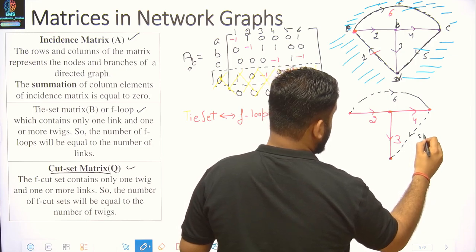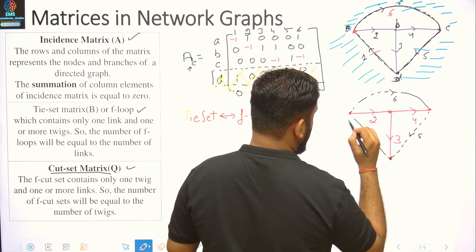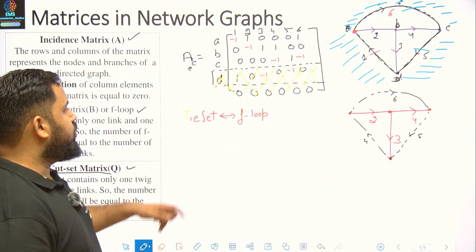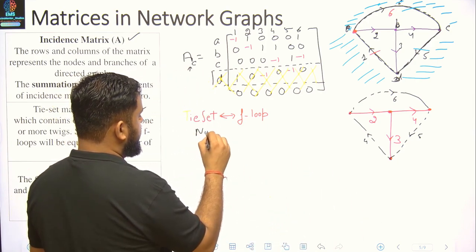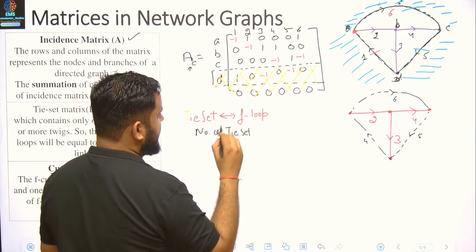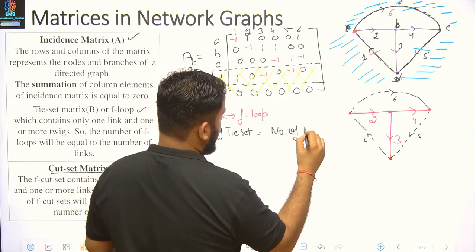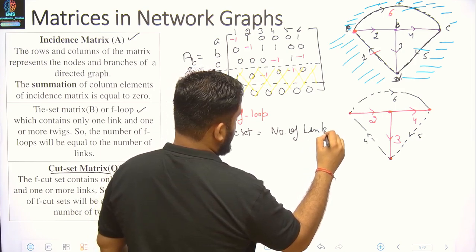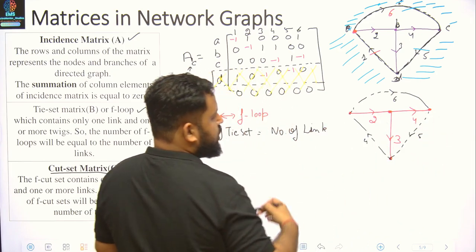Once you have decided the direction of the current, never change those directions. So this is 4. Now, what is a tie set matrix? The number of tie sets will be equal to the number of links. What are links? The branches of my core tree.